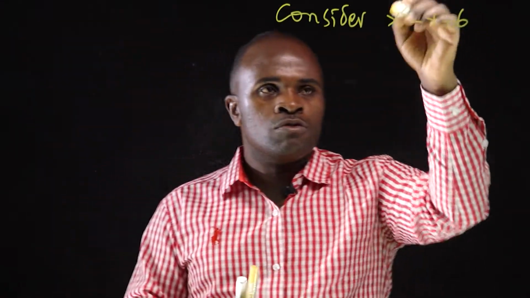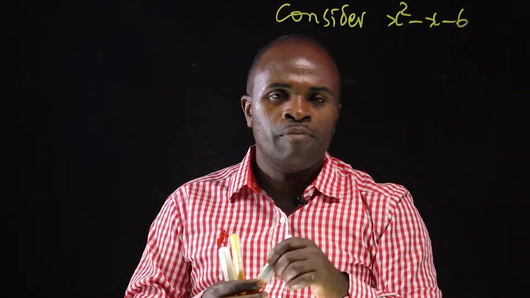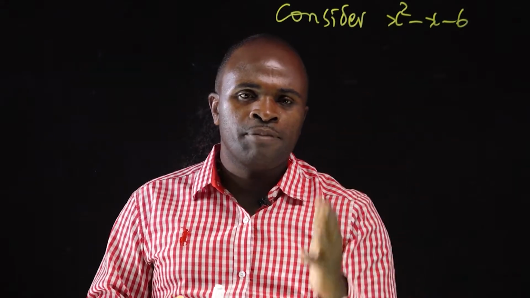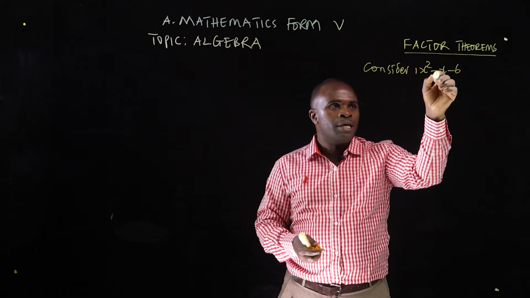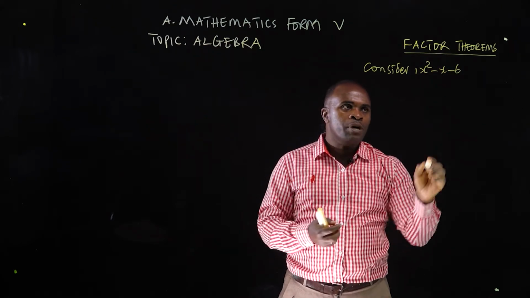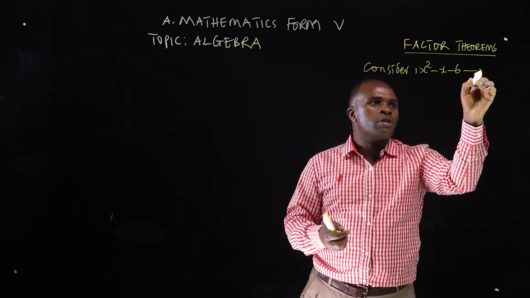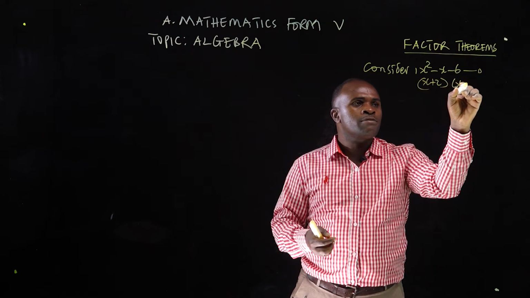In form 2, an expression like this one was easy to factorize by splitting the middle term, which is just identifying our a, b and c. Factorizing this becomes x plus 2 and x minus 3.